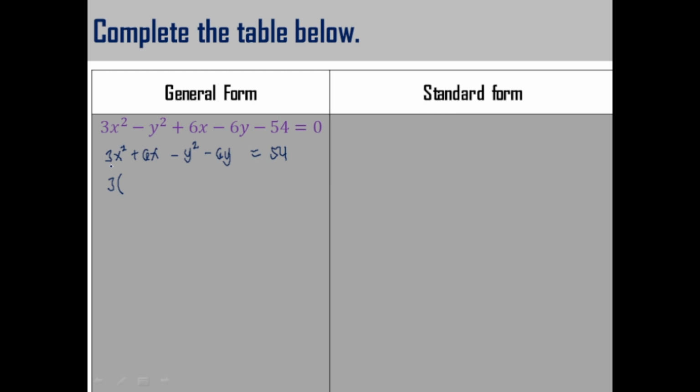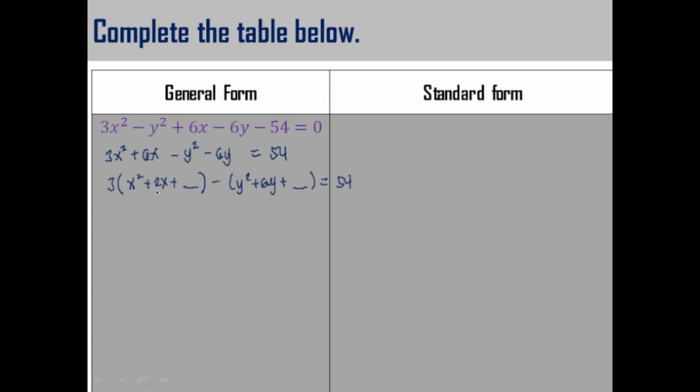And factoring that, this is 3 times x squared plus 2x plus blank. Okay, so ito yung minus y squared plus 6y plus blank equal to 54. After po neto, dito na tayo mag-complete ng square.